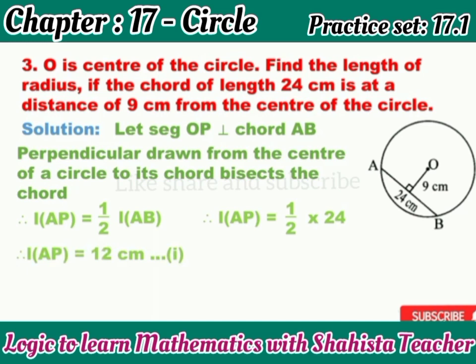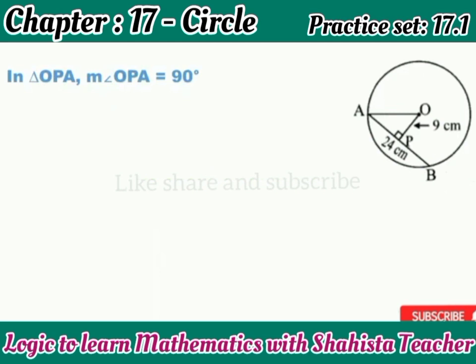That is the first value we found. Now, second, we apply the Pythagoras theorem. We know that OP is equal to 9 centimeter and AP is equal to 12 centimeter. In triangle OPA, the measure of angle OPA is 90 degree.